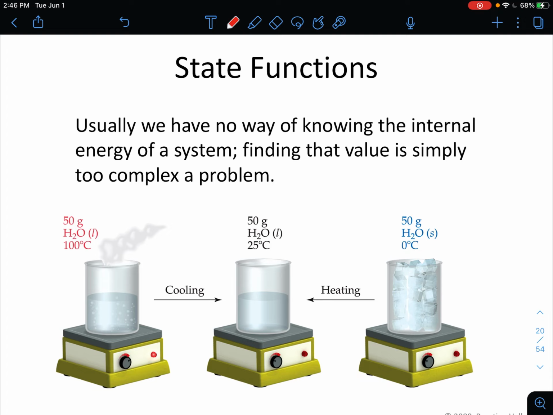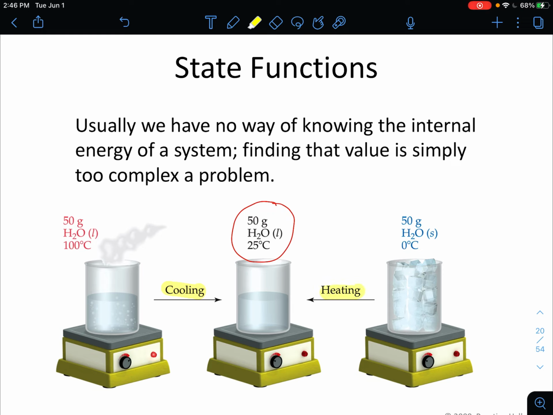And so the example here is to say, if I told you I had a system that contained 50 grams of water at 25 degrees Celsius, that would be all the information you really needed to know to describe that system, right? You wouldn't need to know if I cooled down hot water to get to that point, or if I melted ice to get to that point.